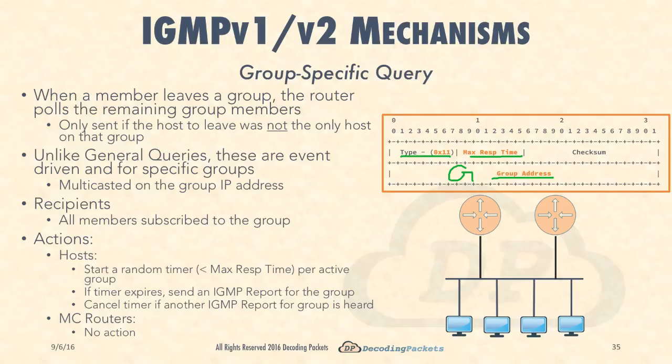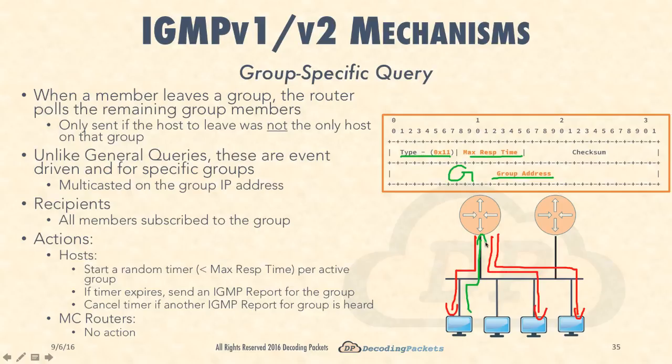So if a general query goes out, let's talk about a general query first. If a general query goes out to all of these three routers, only one of them responds. Remember, there is that random time and only one of them responds. So suppose in this particular case, the response came from router 1.